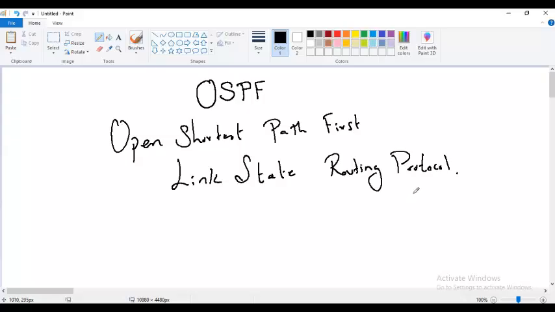We learned EIGRP as an advanced distance vector protocol. RIP is a distance vector protocol. EIGRP is an advanced distance vector routing protocol. OSPF is a link state routing protocol.